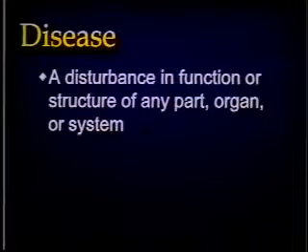What is public health? Well, health would be the opposite of disease, a disturbance in function or structure of any part, organ, or system. And so we understand what is a disease, but public health is then the health of the public. Well, what is public? Public is what we want it to be.